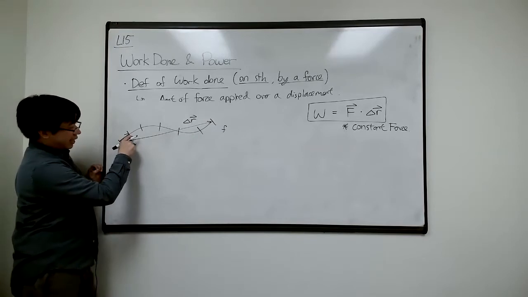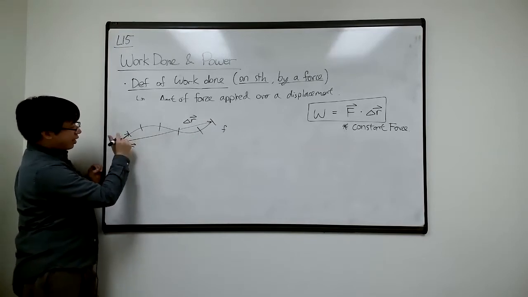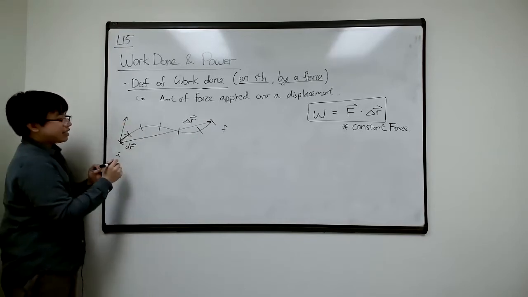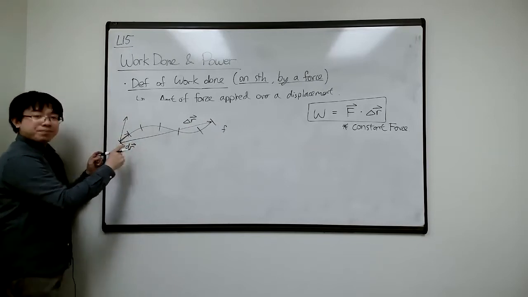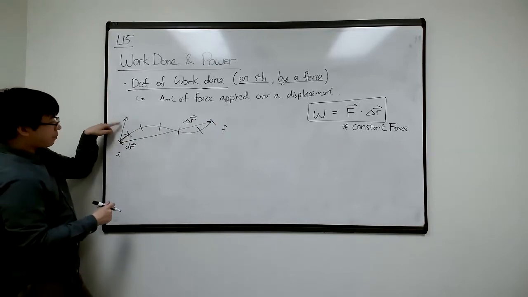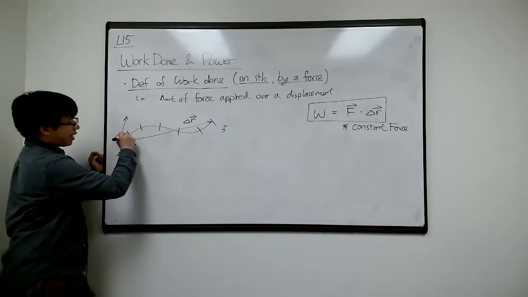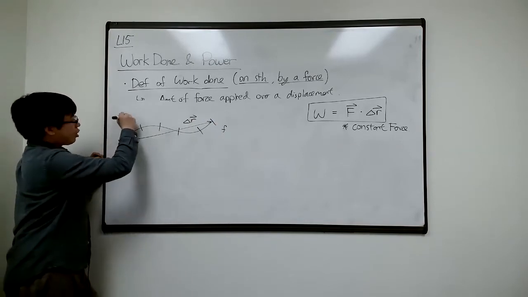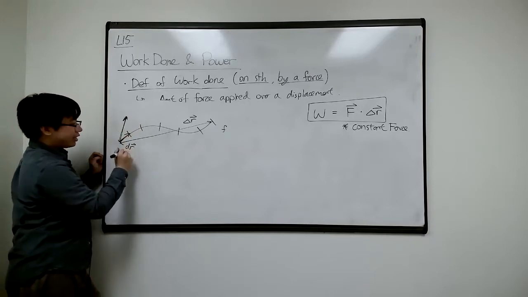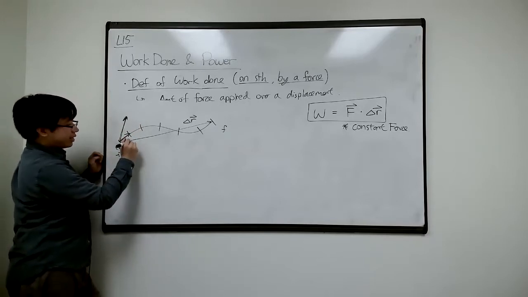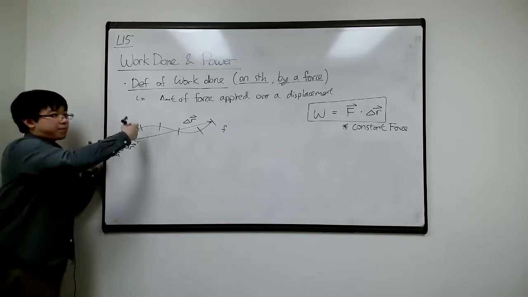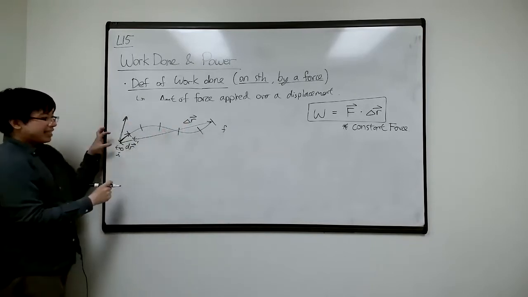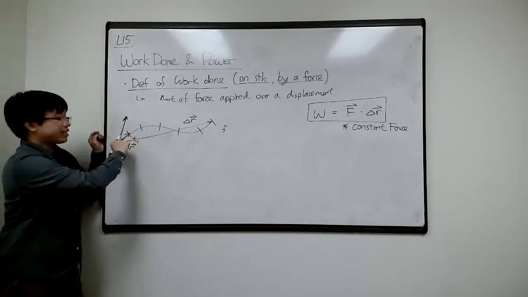Now, if I apply a force like this over a short enough displacement, this is going to be a straight line, and this is going to be a constant force. Let's say from here to here, t equals 0, and this is t1. If I chop this into little segments of time, this time is so short that the force is not going to change.